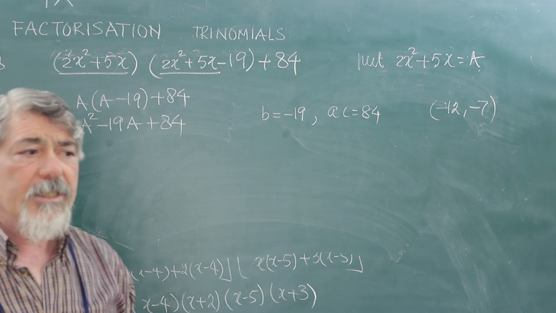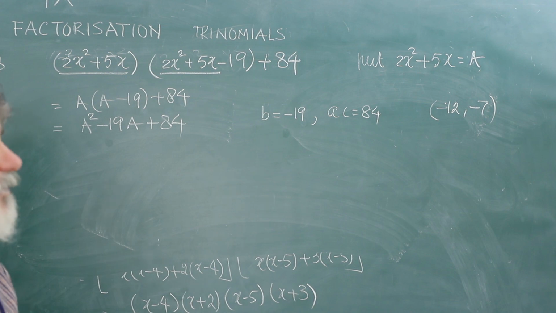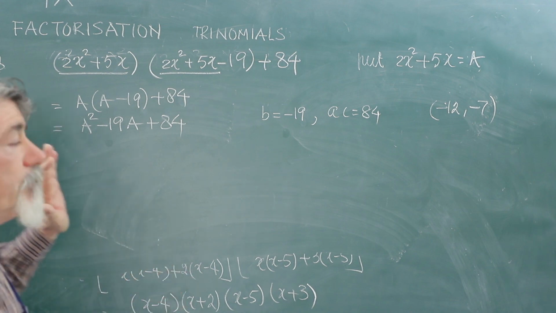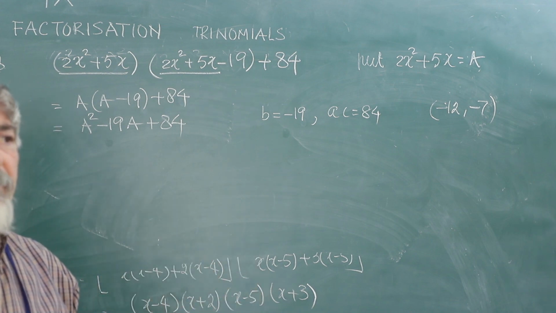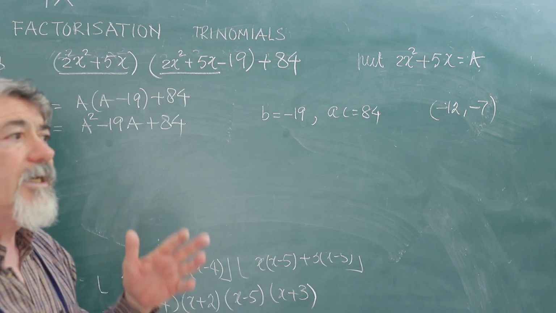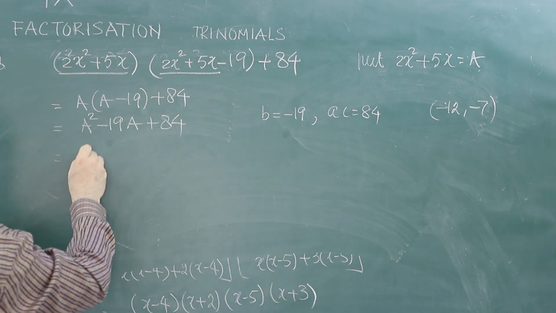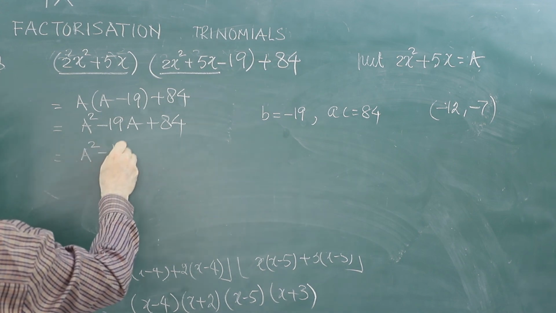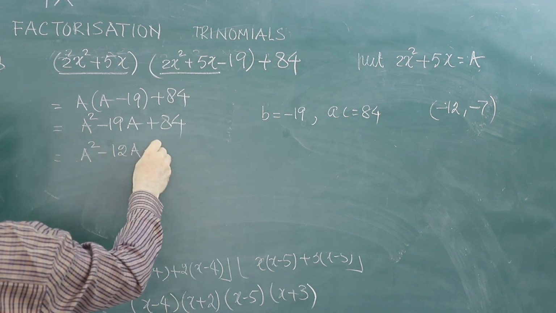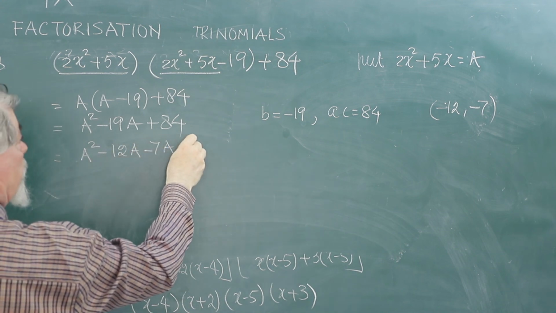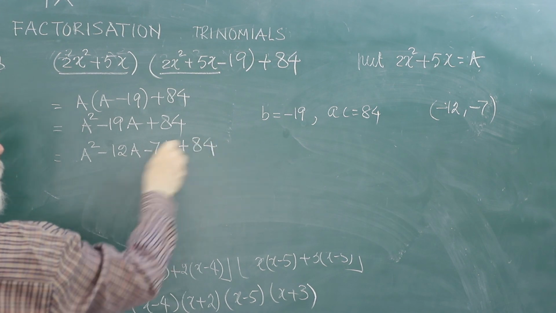Of course your calculators are very important, I'm not saying that. But in simple problems, when you have to look for a solution, it is very important to remember the table because it helps you a lot. So a square minus 12a minus 7a plus 84.